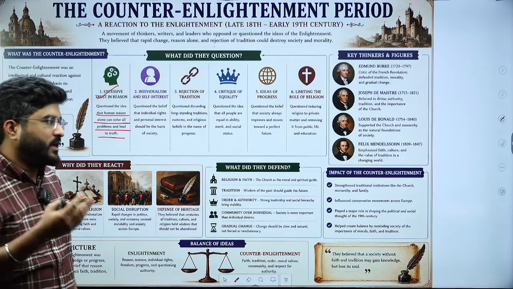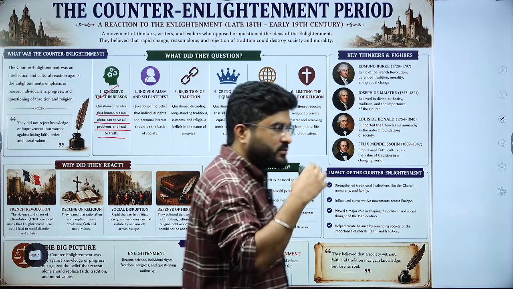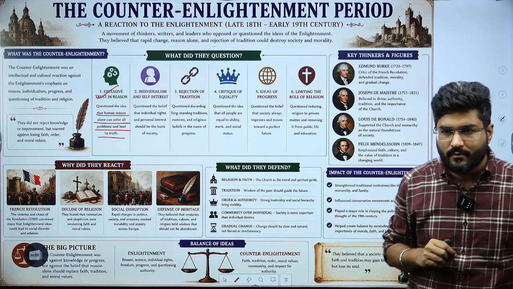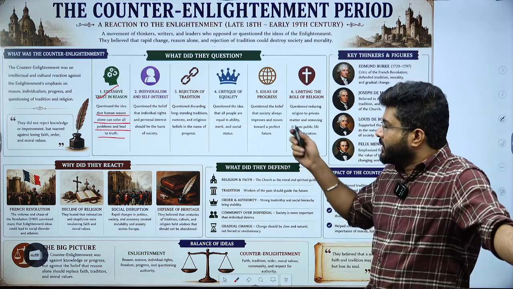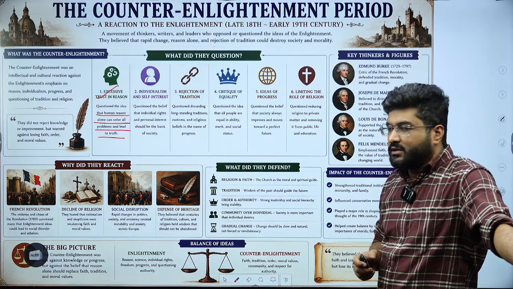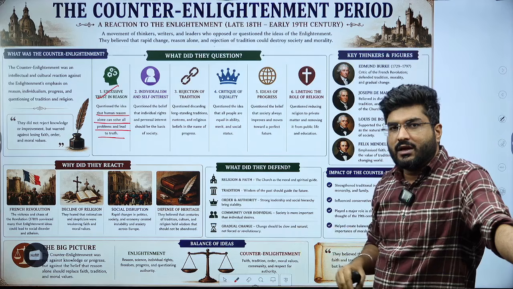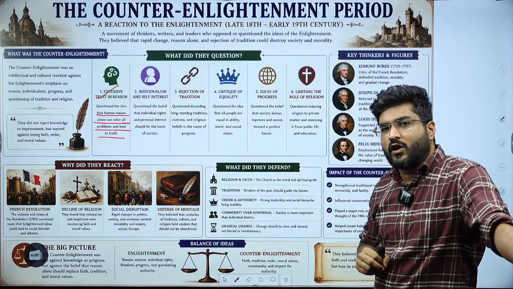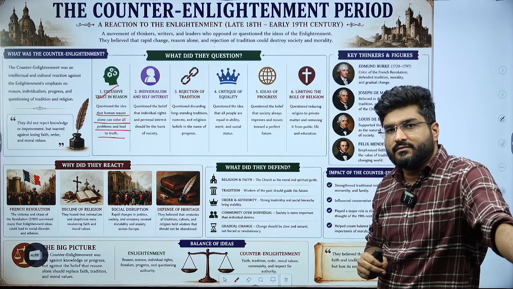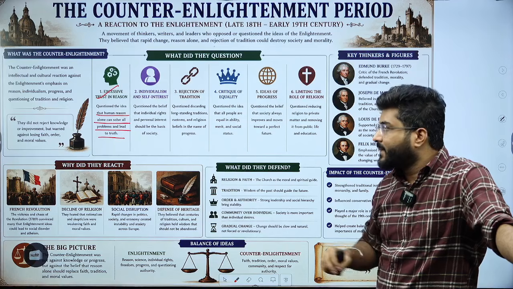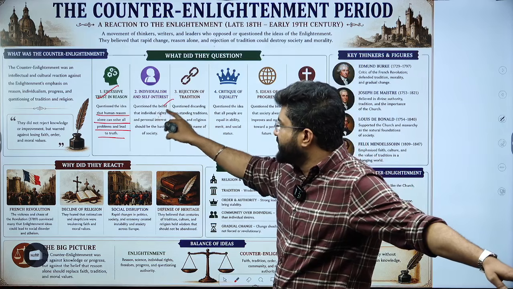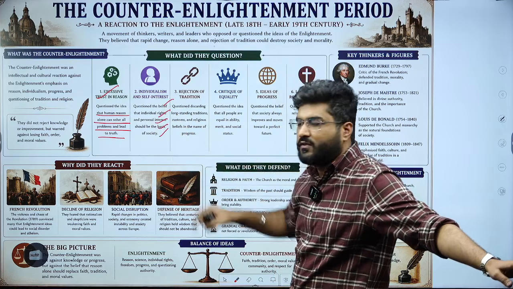Whenever you are distressed, you tend to focus on God. Then individualism and self-interest: how this modern change, which is leading to individualism, is going to solve all the problems of society. So they questioned the belief that individual rights and personal interests should be the basis of society.